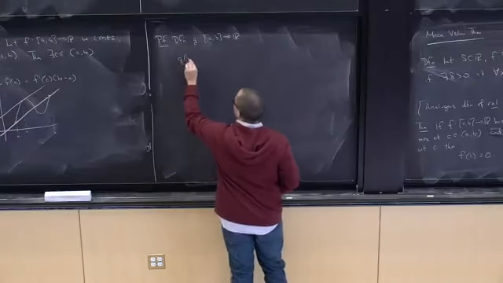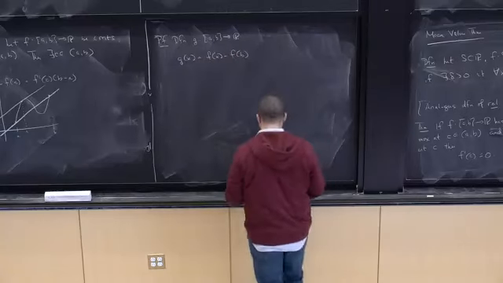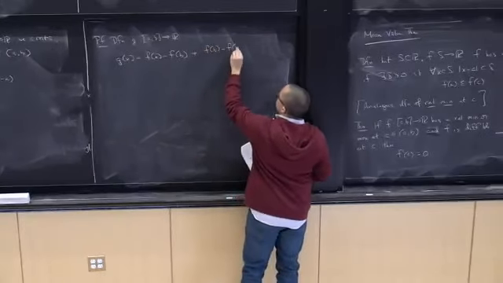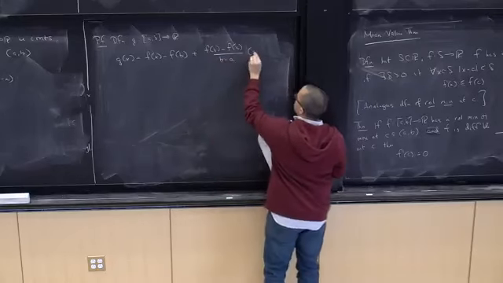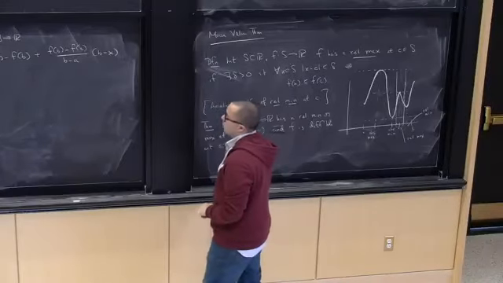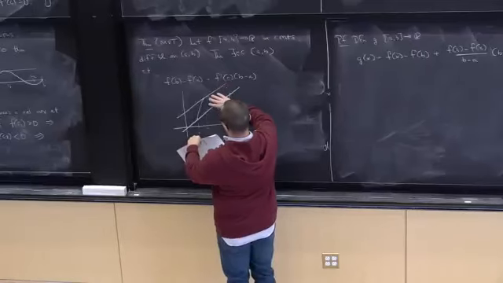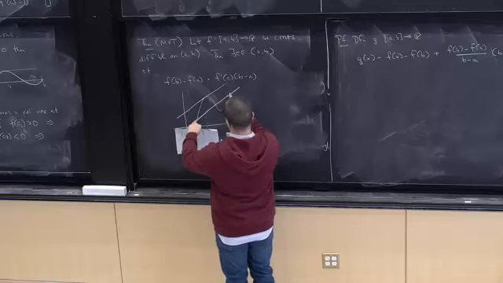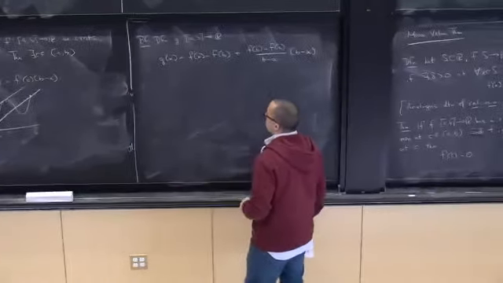So g of x equals f of x minus f of b plus (f(b) minus f(a)) over (b minus a) times (b minus x). Basically, what this function g does is it takes the function and rotates it and shifts it down so that these two points coincide and give you 0.